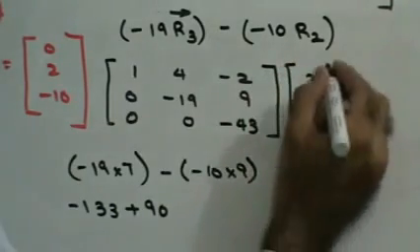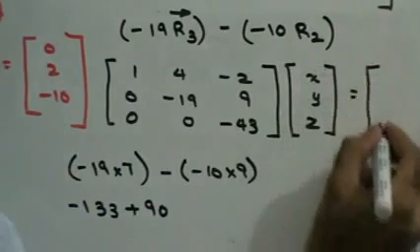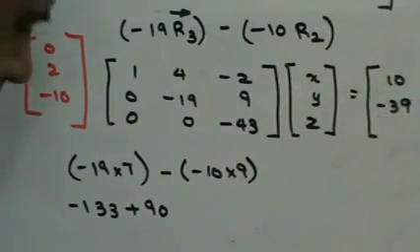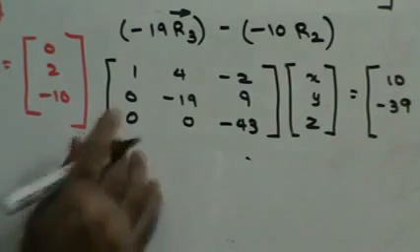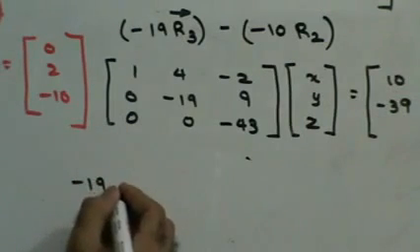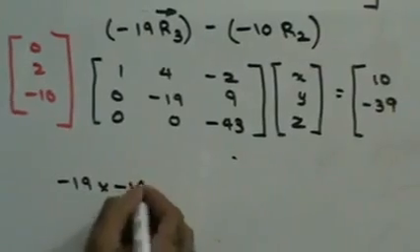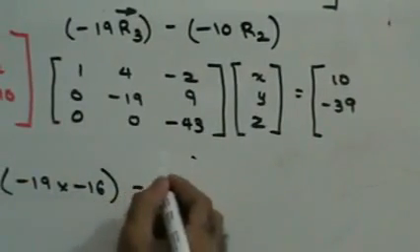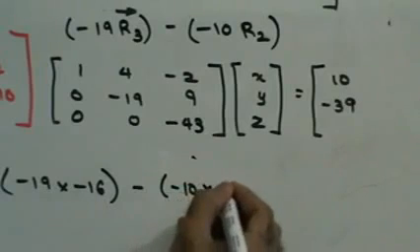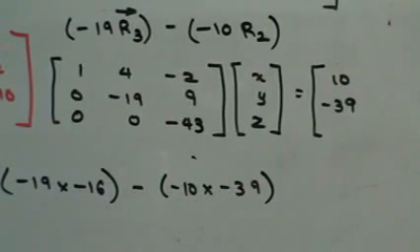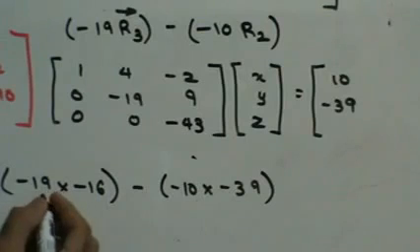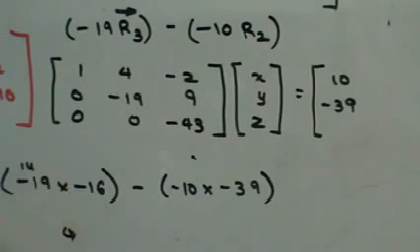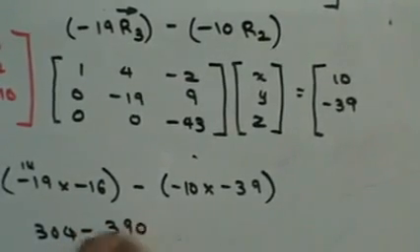X, Y, Z. This is 10, minus 39. Now this is going to be minus 19 into minus 16 minus 10 into minus 39. 16 9s are 144, carry over 14. 16 20 30, 304 minus 390.